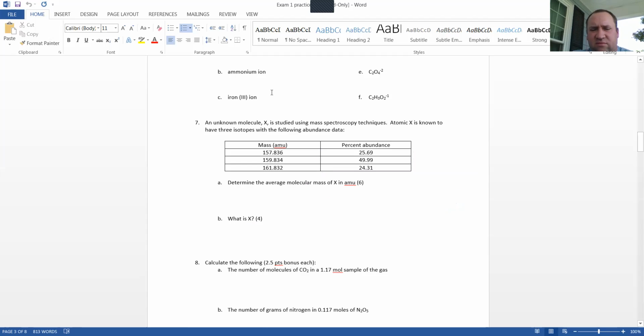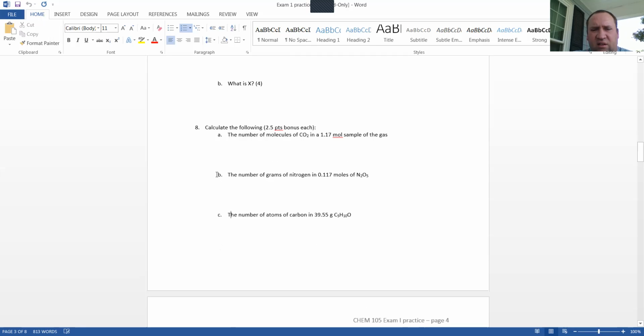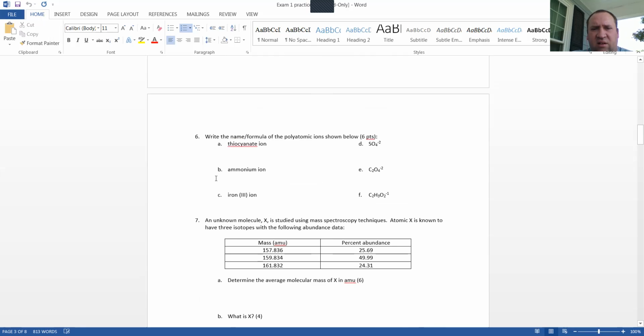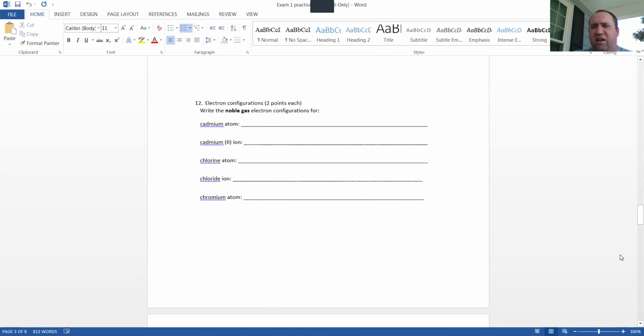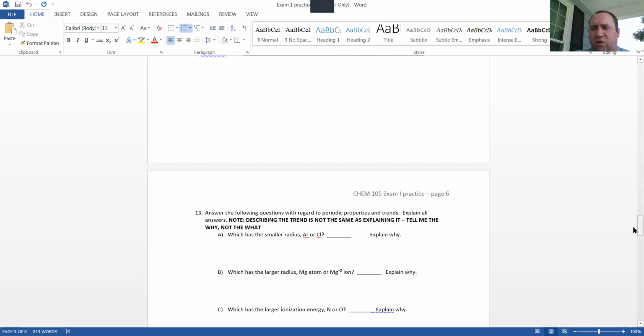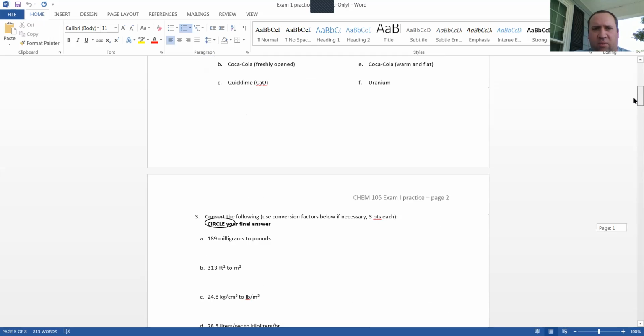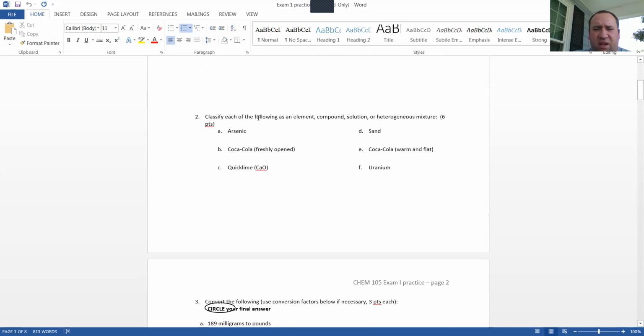When it says classify each of the following as an element, compound, solution, or heterogeneous mixture, it's one or the other, or it could be multiple. So it's not a matching question in that only one lines up with one. You could choose any of these for any of them. Each one of them is going to be one of those things, but you can use the answers multiple times.